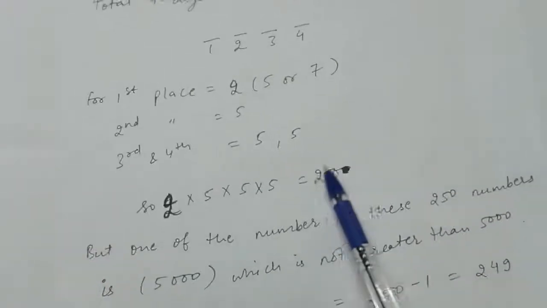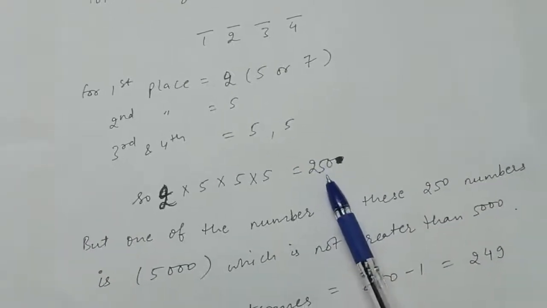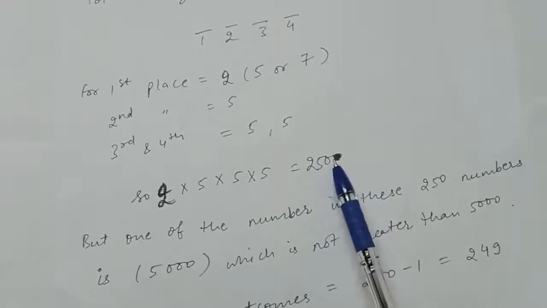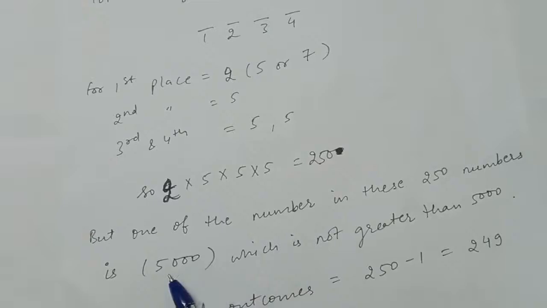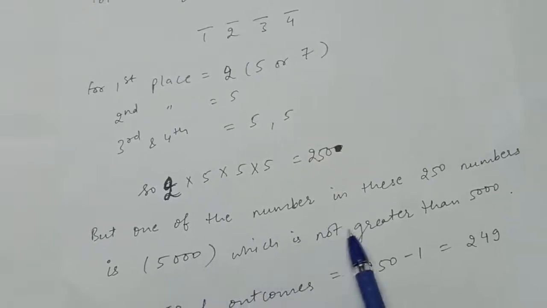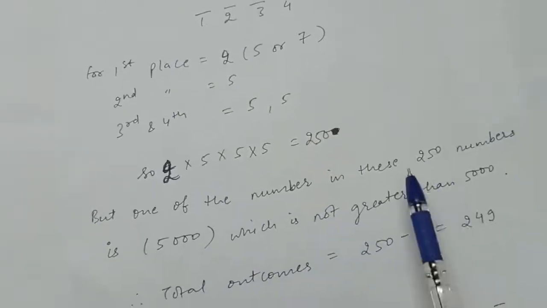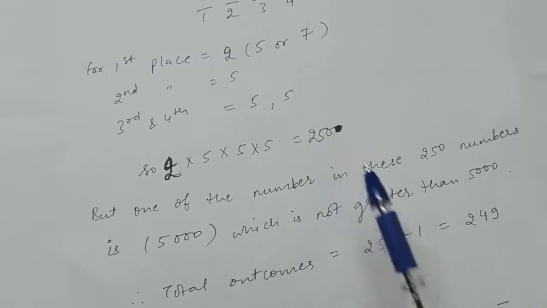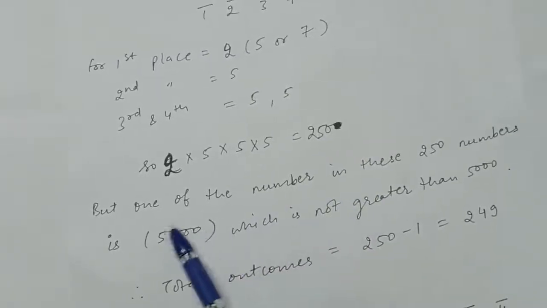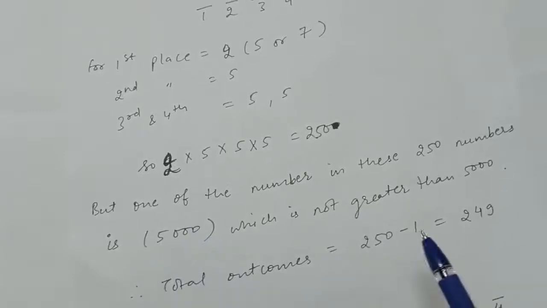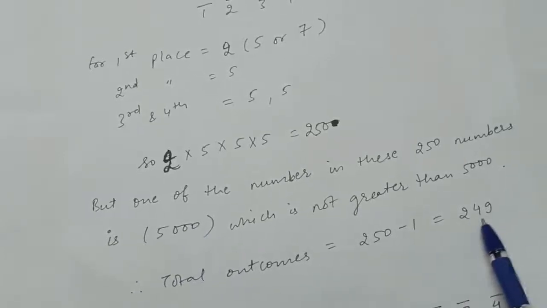The cases we got are 250, but out of these 250 cases, one case is that in which you will get the number 5000, which is not greater than 5000. Therefore out of these 250 cases we have to subtract the case when the number 5000 will be formed. So the total outcomes will be 249.